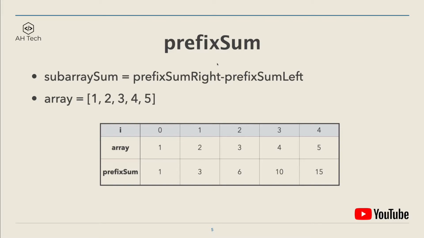And prefix sum makes it very easy for us to calculate the subarray sum of any interval in the array, which is basically the prefix sum right minus the prefix sum left.